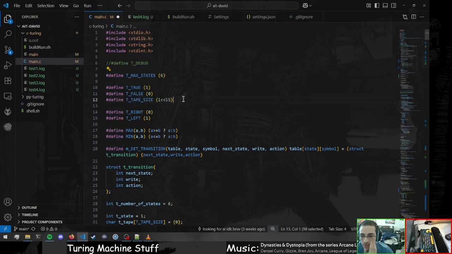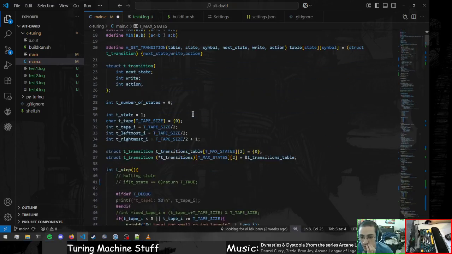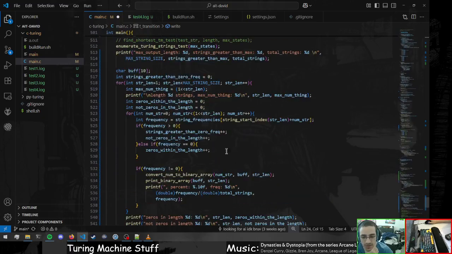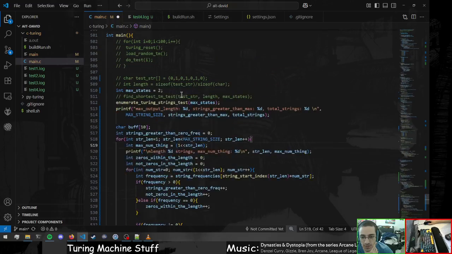If I wanted to do that, I would have to mess up some of this code. I'd probably have a number of symbols variable right here. So maybe I could do that today. I don't know. No. Today I don't want to do that. I might end up doing it.